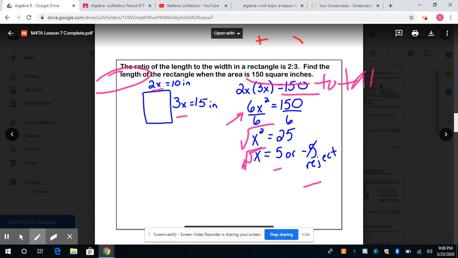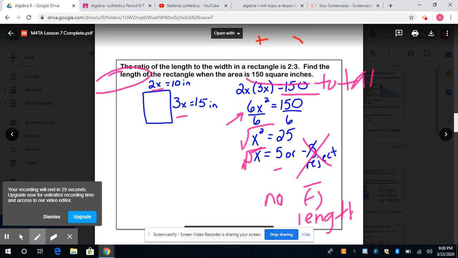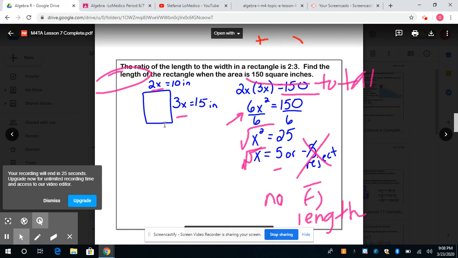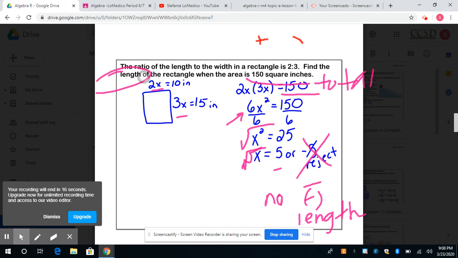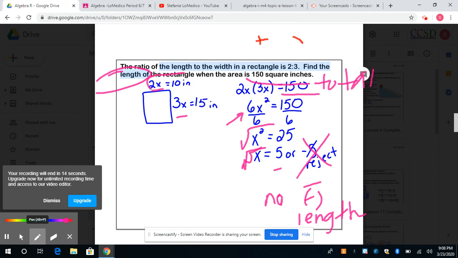It can be 5 or -5, but again, we reject this because we can't have a negative length. That doesn't make sense. All right. So we multiply those together. Find the length. So make sure the length is the 2x. So it would be 2 times 5, which would give me 10. So you're actually doing this here.